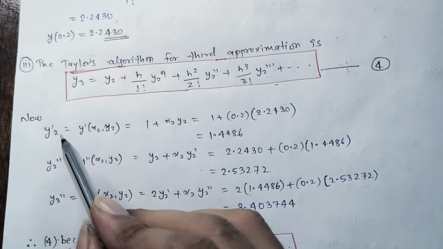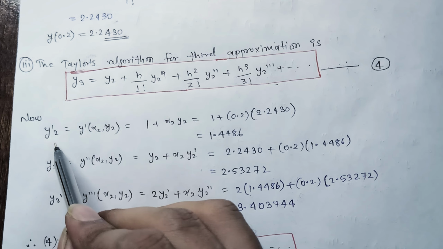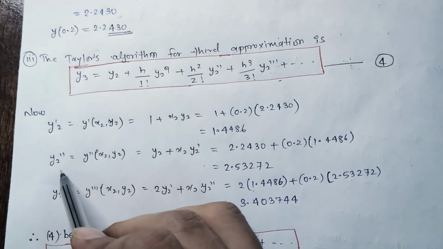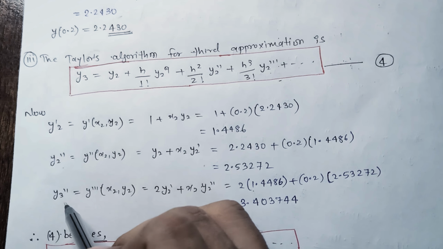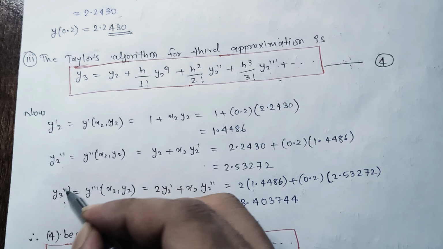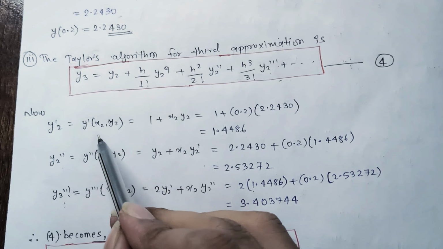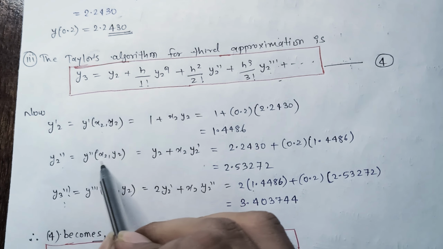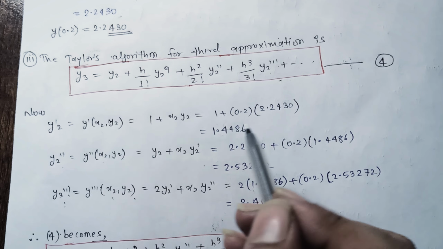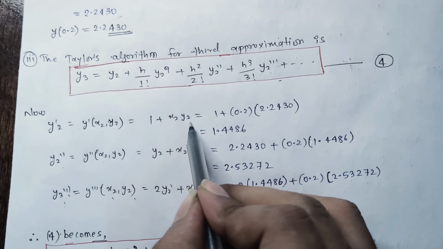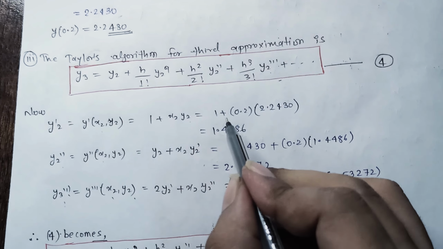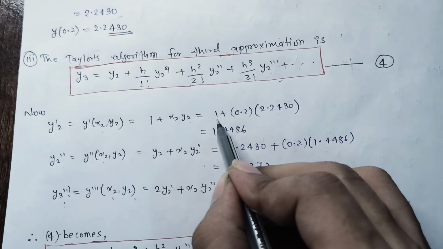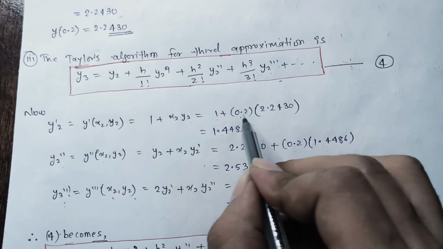So we are going to do the same things here for y2 dash, y2 double dash, and y2 triple dash. Again replacing x with x2 and y with y2, we get 1 plus x2 y2. So 1 is as it is, and x2 will be 0.1 plus 0.1.